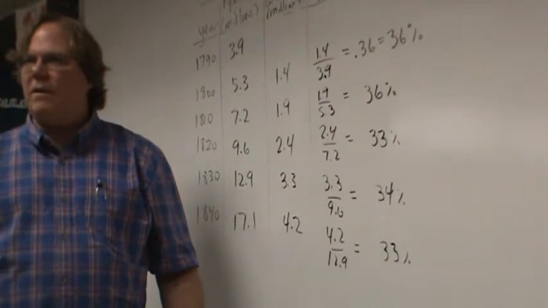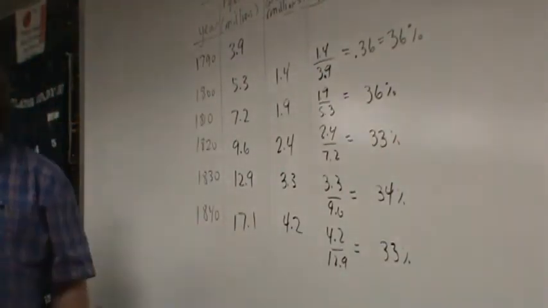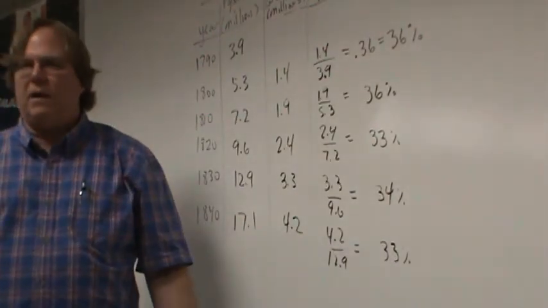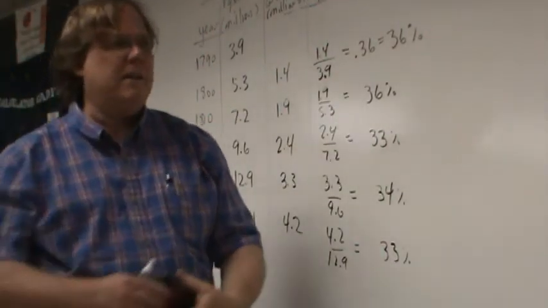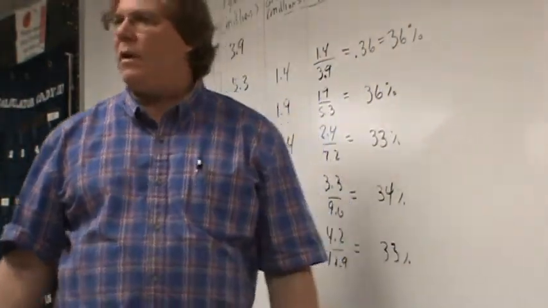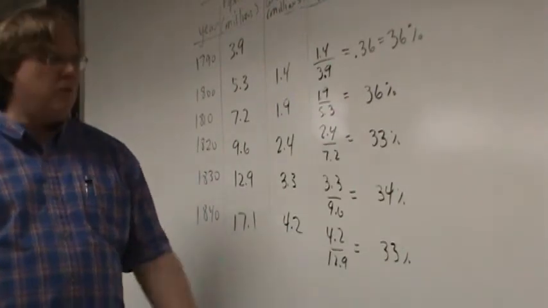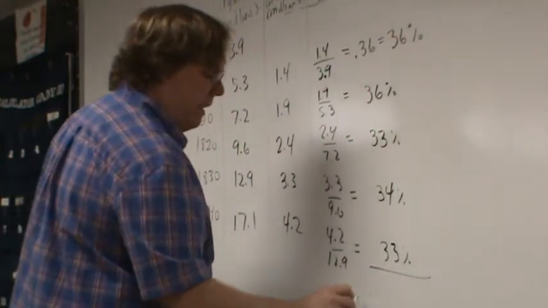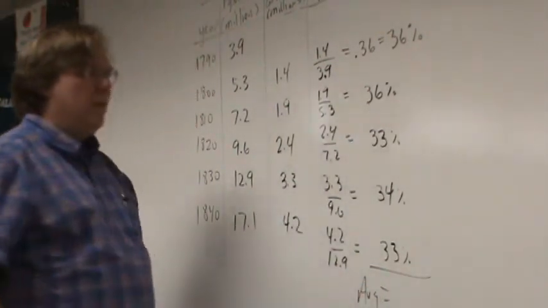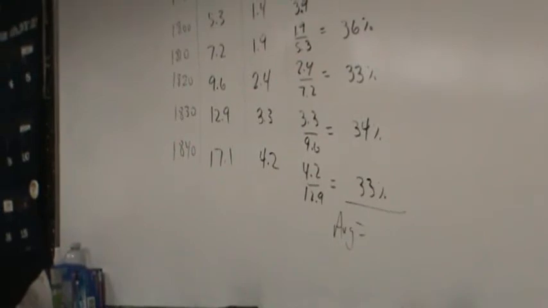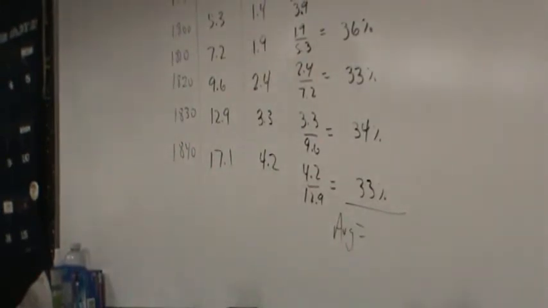I think it's pretty amazing that for the first 50 years of our nation's history, our relative growth rate was virtually constant. In fact, if we were to take the average of those 5 relative growth rates, I'm going to do that right now: 36 plus 36 plus 33 plus 34 plus 33 divided by 5.